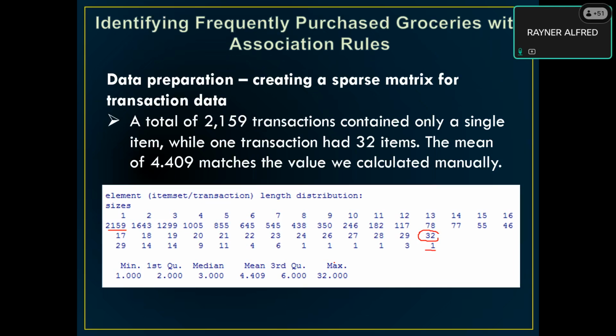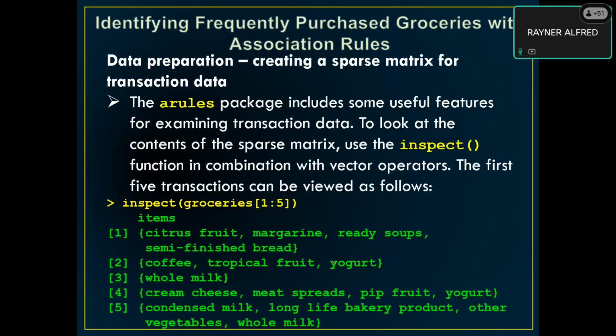So this also can be extracted from our database. We can use this command to inspect the content of each row. This one is for rows 1 up to 5, so we inspect the content of the first 5 rows here.